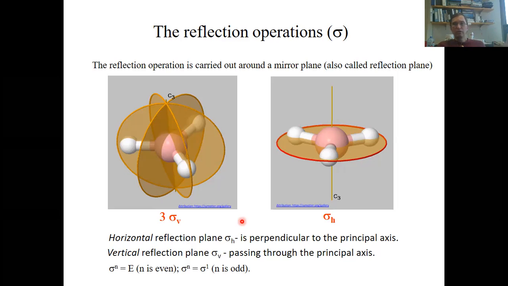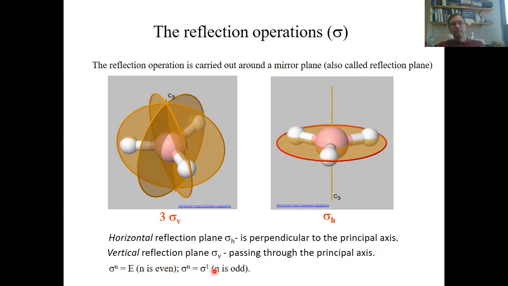So there's only one reflection operation associated with each mirror plane, because when we reflect 2 times, we produce the identity. Or more generally, when we reflect an even number of times, we produce the identity. So for instance, if we reflect 4 times, we produce the identity, 6 times, we produce the identity, and so on.